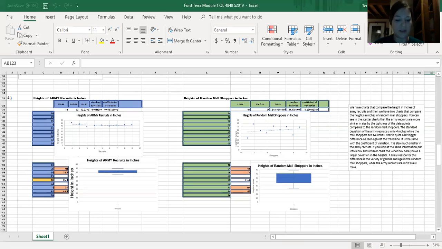If you look at the same information put into a box and whisker chart, the wider box here shows a larger deviation of height. A likely reason for this difference is the variety of gender and age in the random mall shoppers, while the Army recruits are most likely all male and have more similar height.